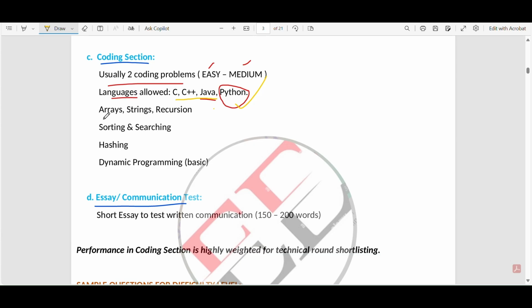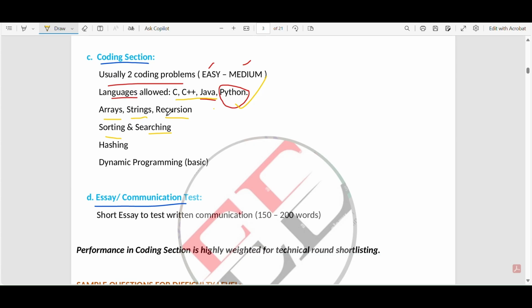Then the topics would be arrays, strings, recursion, sorting, and searching. In arrays you will get questions like arranging elements in ascending or descending order, or the sum of the elements in an array. In strings you will get string slicing.